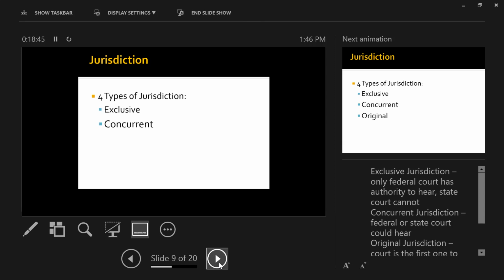Concurrent jurisdiction means either the state or federal court can hear the case.